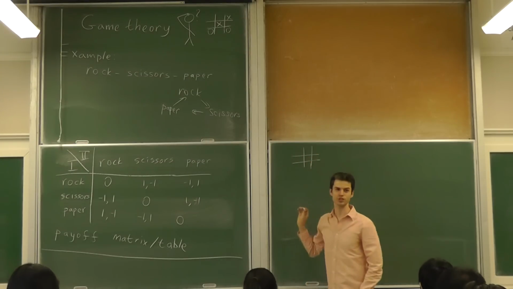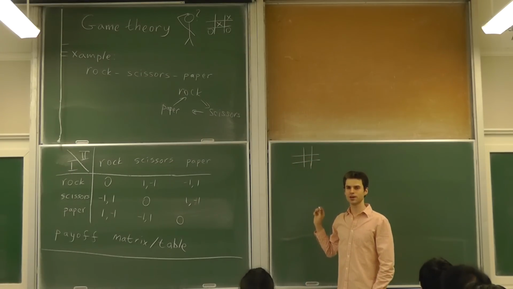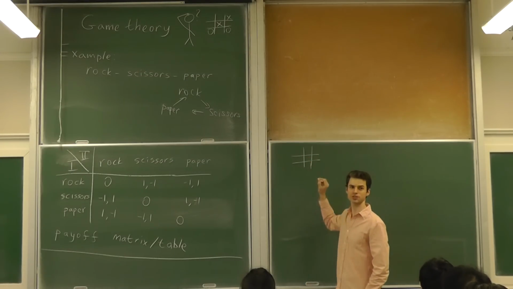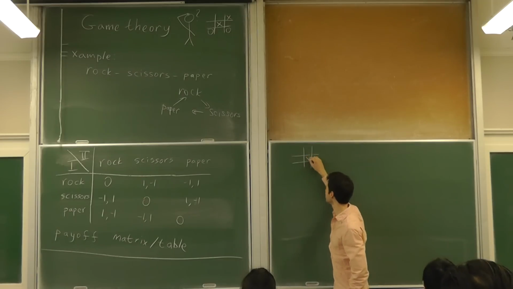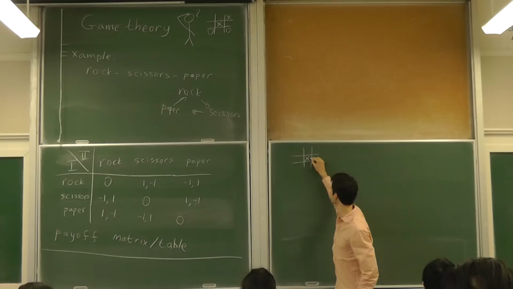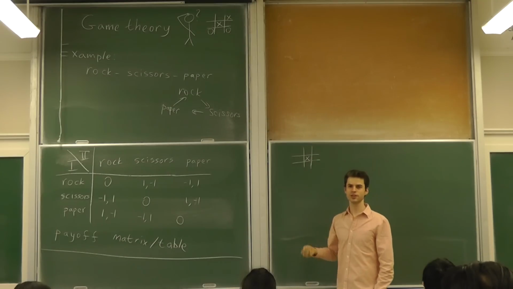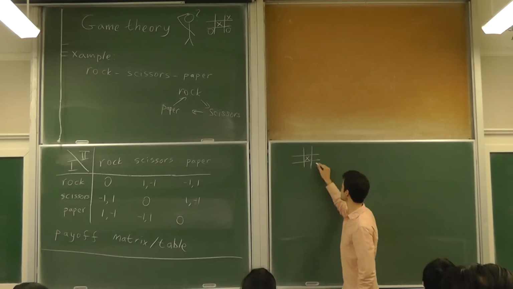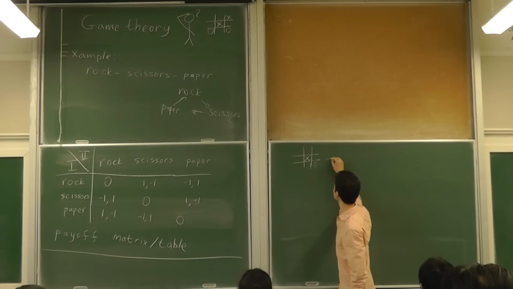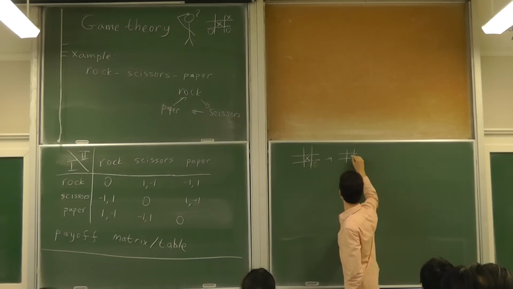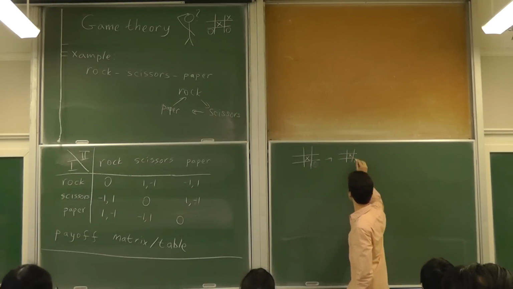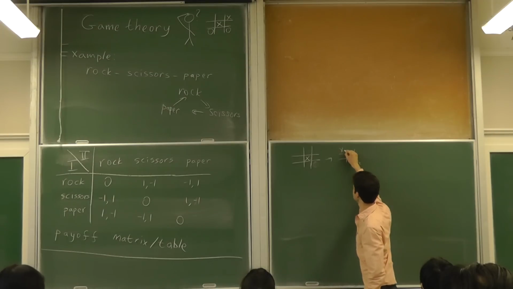A typical strategy goes like this. First move, put an X over here, and it lists the first move. Then it continues. If your player plays such a move, move in such a way.